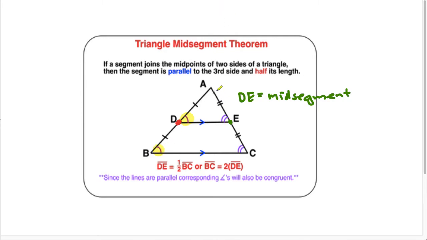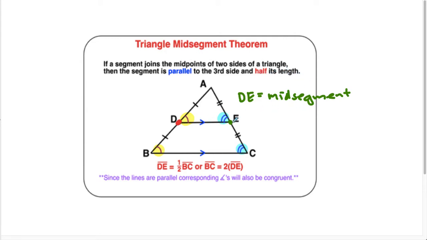Also, another important fact is that AED is also a corresponding angle to ACB, so these two angles are also congruent. Not only that, the midsegment also states that it is half of its length.